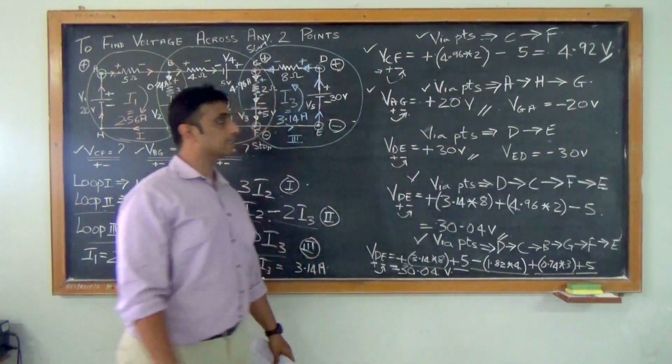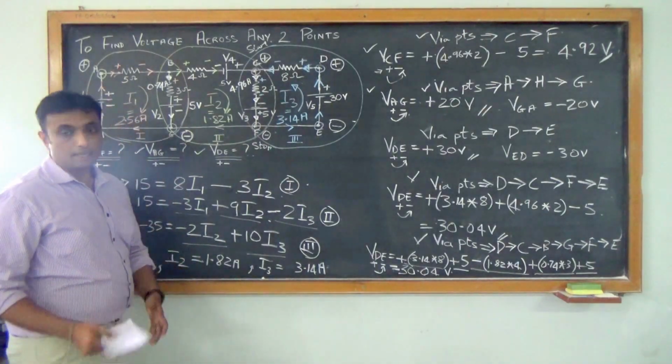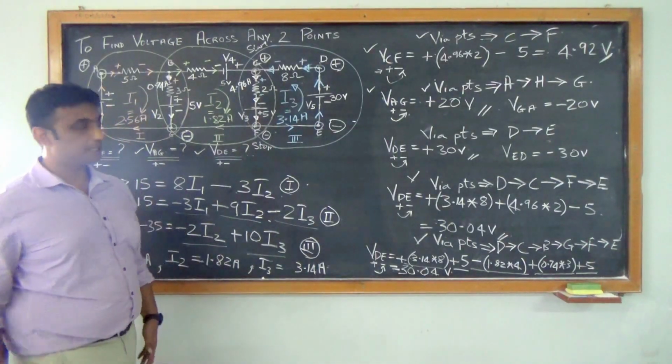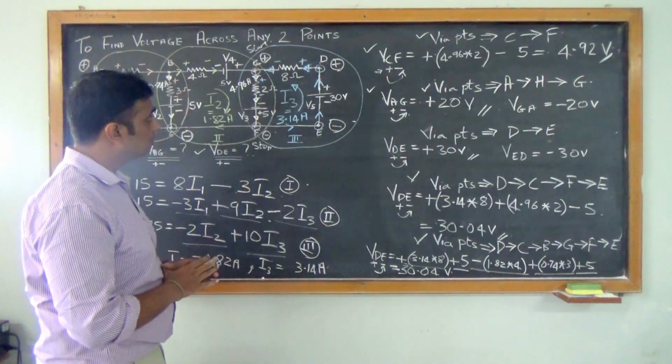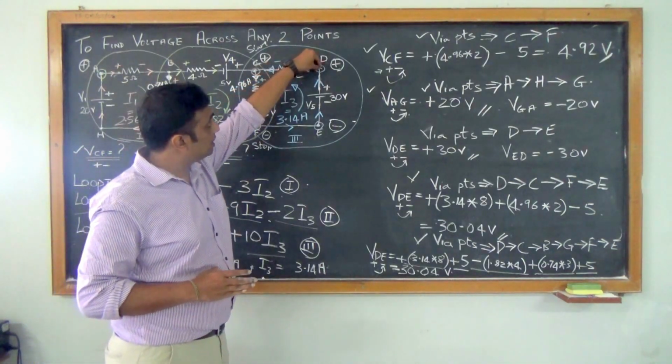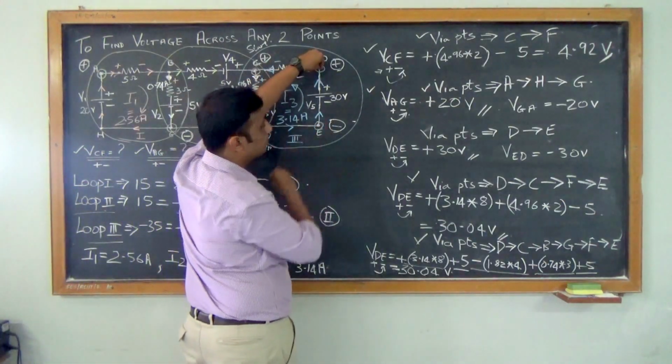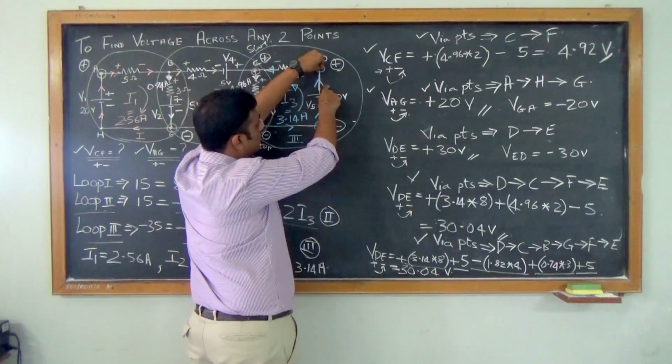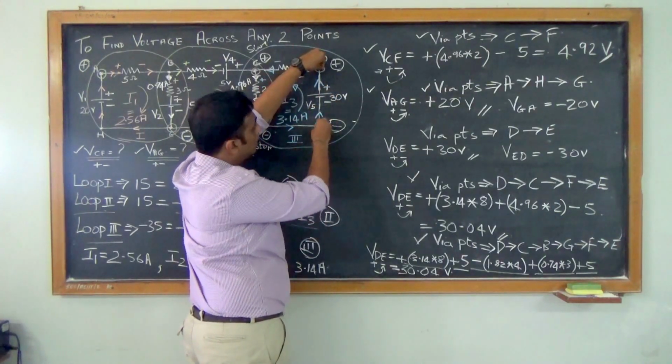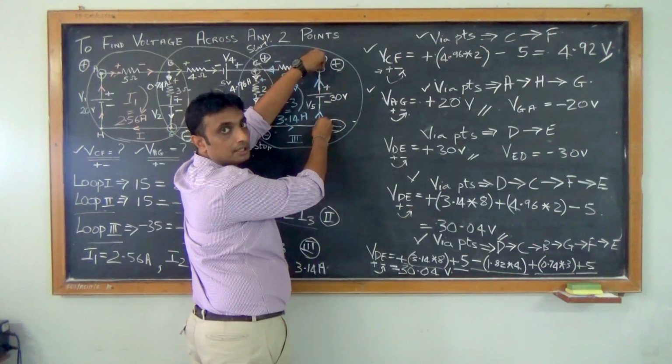Now how does this come into play? Now if I consider my multimeter or my voltmeter and I connect my positive terminal here and my negative terminal here, obviously this is positive and this is negative. So I'll get plus 30 volts.